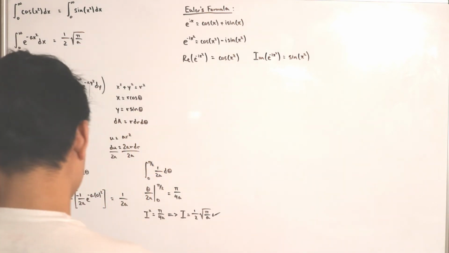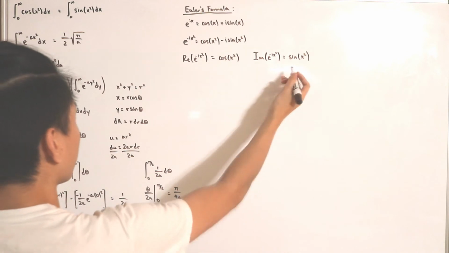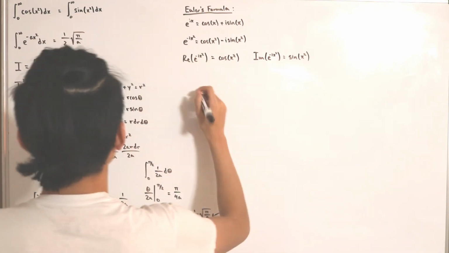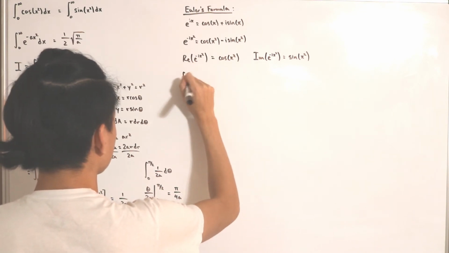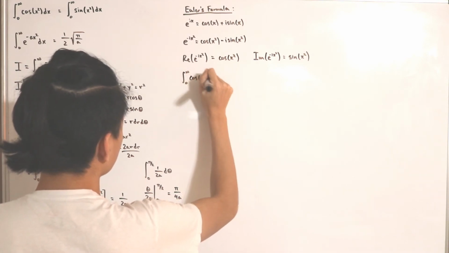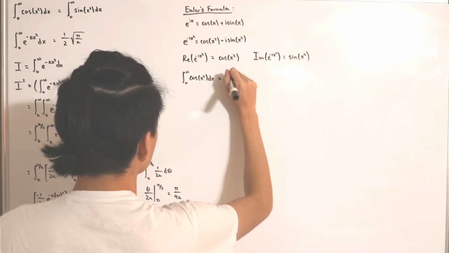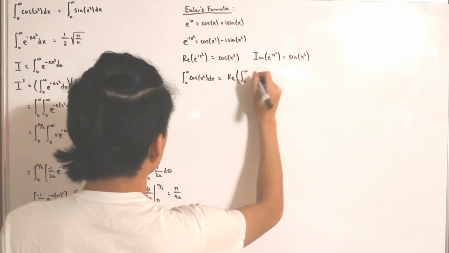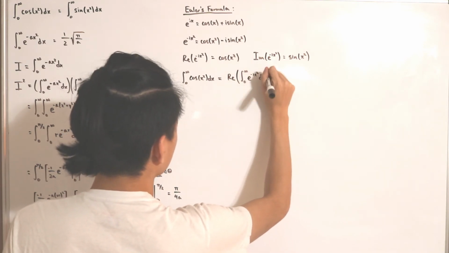Okay, now that's nice. Now this means we can just replace our sine x squared and cosine x squared here. Meaning the integral from 0 to infinity of cosine x squared dx is simply equal to the real part of the integral from 0 to infinity of e to the negative ix squared dx.